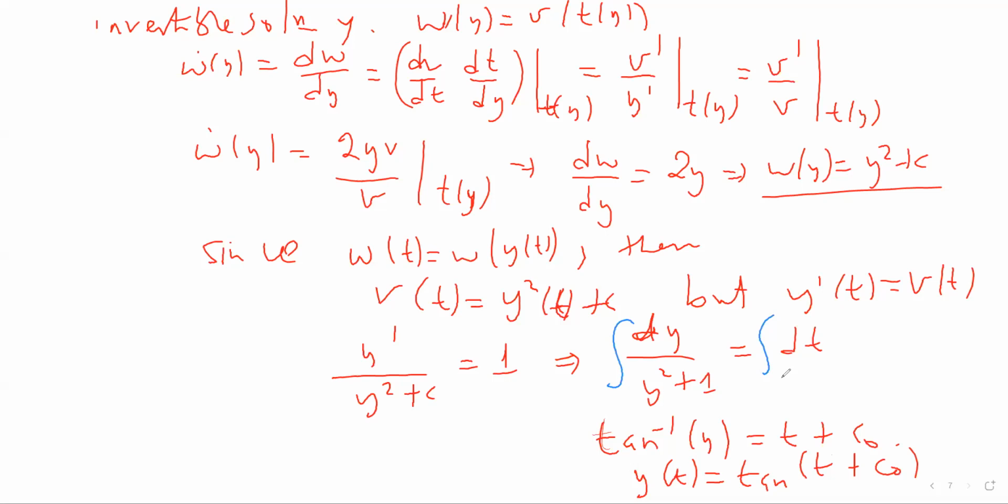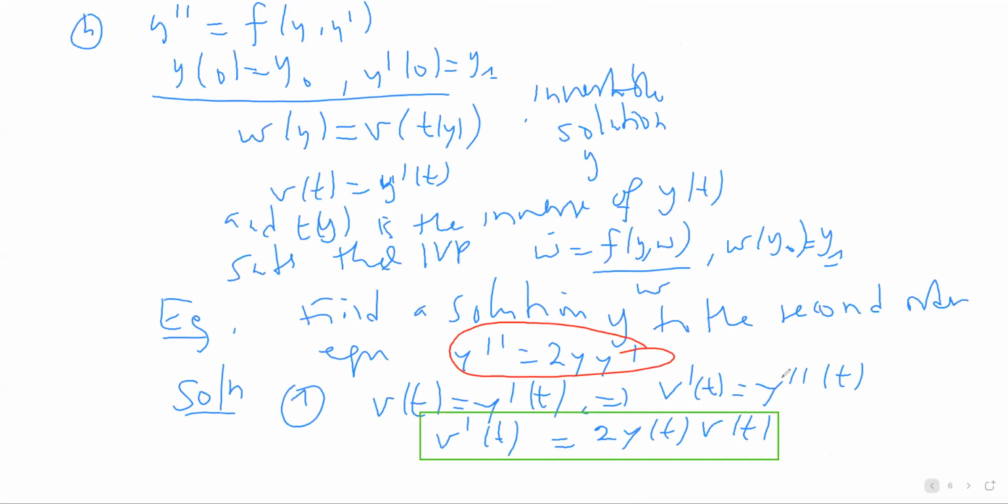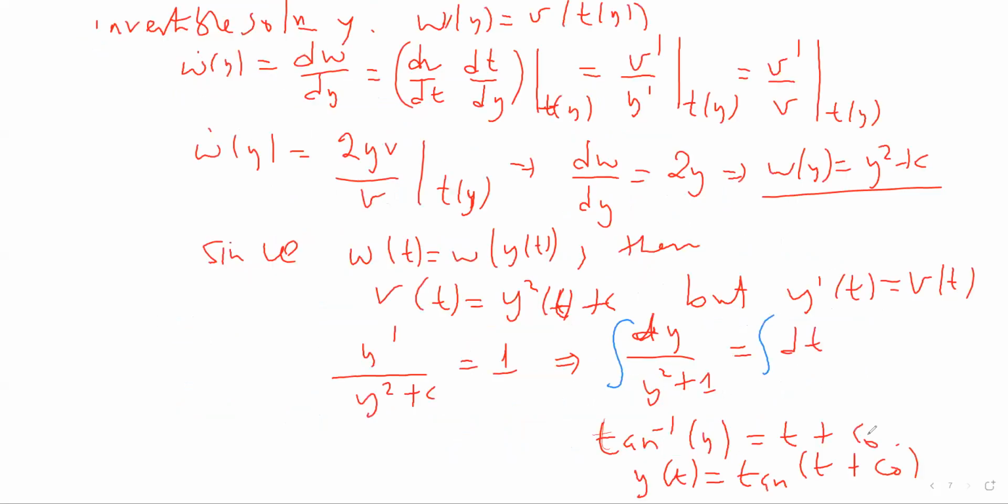Okay, so that's a simple example, but just to show you how the whole thing works. So you have your second order equation. You make a substitution for one of the terms, which is v(t) is equal to y'(t). Then what you do next is that you know that the second derivative is equal to v', the substituted term that you are using, and then you can replace with v inside the terms.